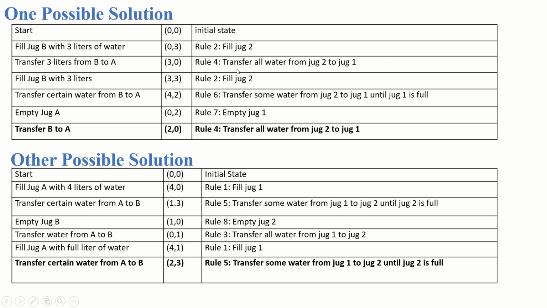Then transfer some water from jug 2 to jug 1 until jug 1 is full, so you get 4 comma 2. Then rule number 7, empty jug 1. Then rule number 4, transfer all the water from jug 2 to jug 1. So these are the two possible solutions to reach 2 comma 0.